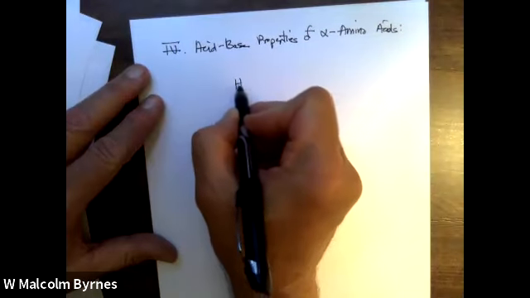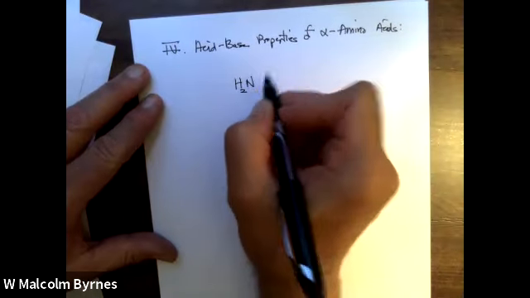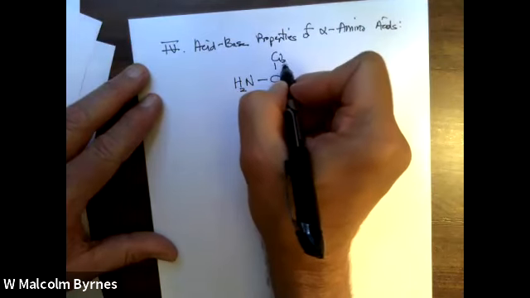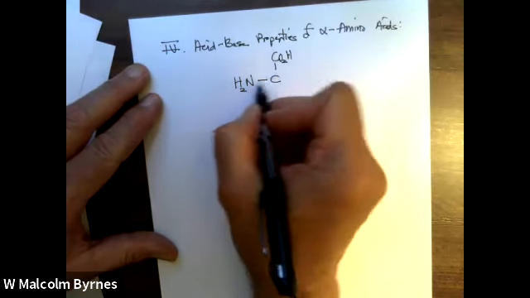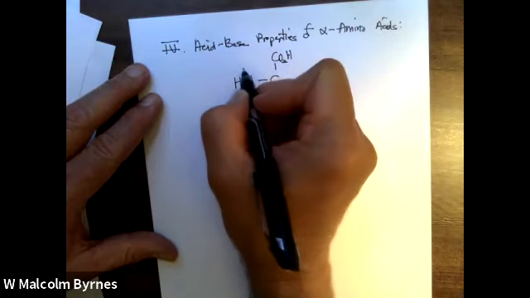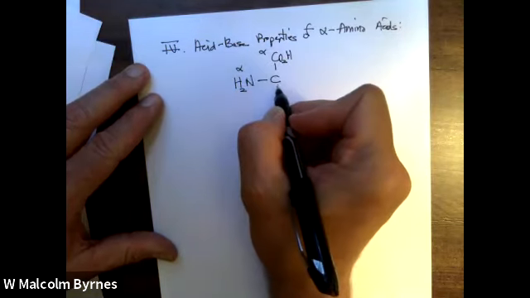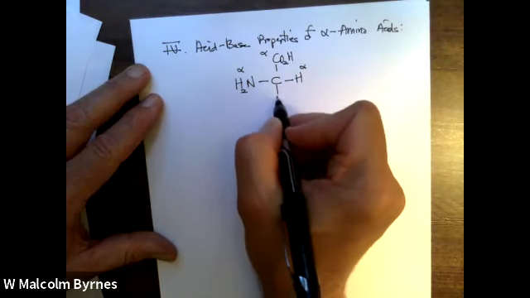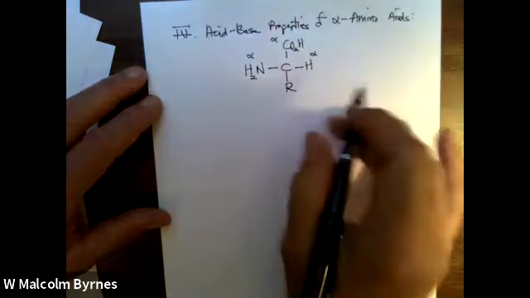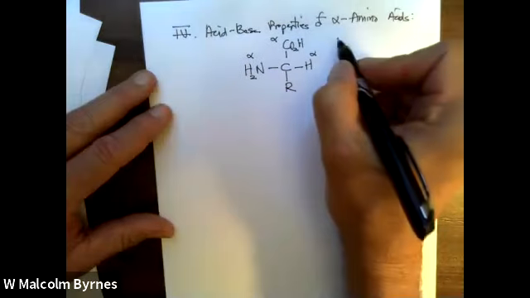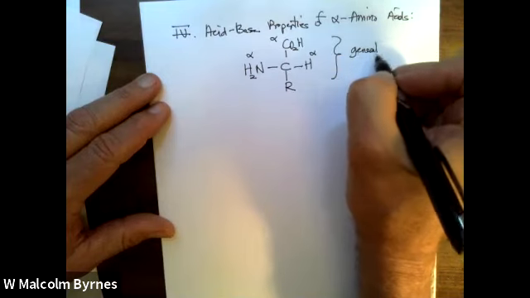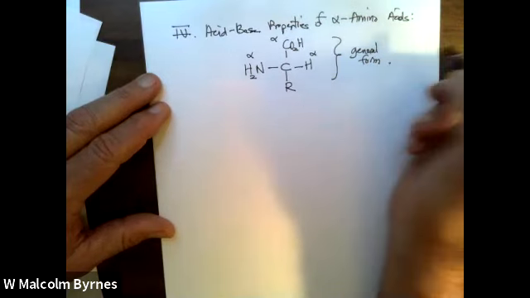An alpha amino acid will look like this: an alpha amino group, an alpha carboxyl group, the alpha hydrogen, and a side chain R, which varies from one amino acid to another. This is the general form of an amino acid.